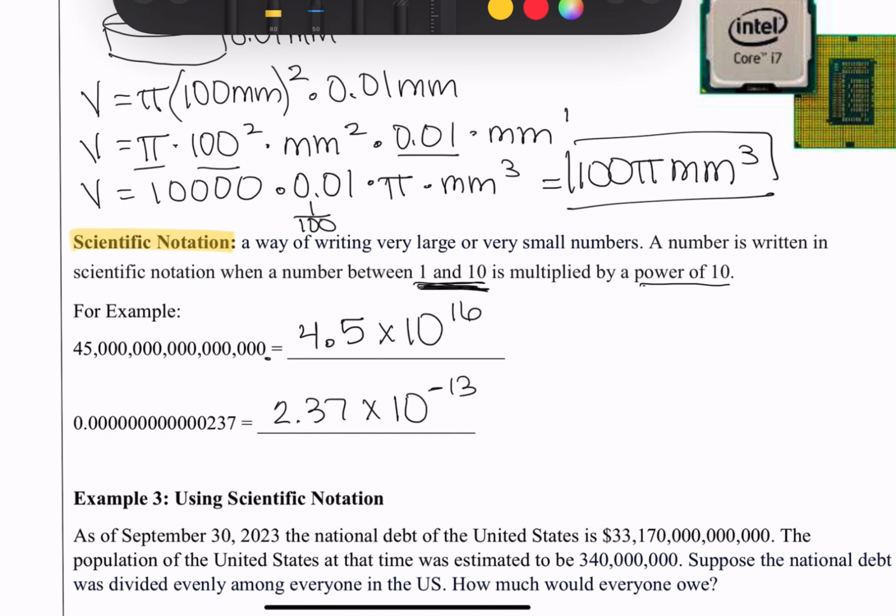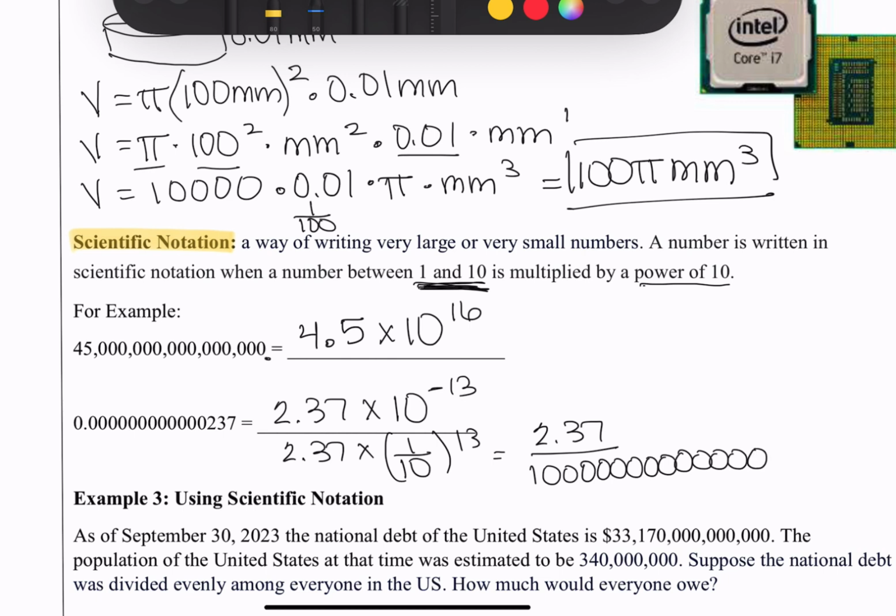So why is that one? That one usually confuses people. Because 10 to the negative 13, as we learned with our negative exponent rule, or inverse exponent rule, is actually 1 over 10 to the 13th power. So this is really 2.37 times 1 over 10 to the 13th power, which really is 2.37 divided by 10 to the 13th, or 1 followed by 13 zeros. 1, 2, 3, 4, 5, 6, 7, 8, 9, 10, 11.